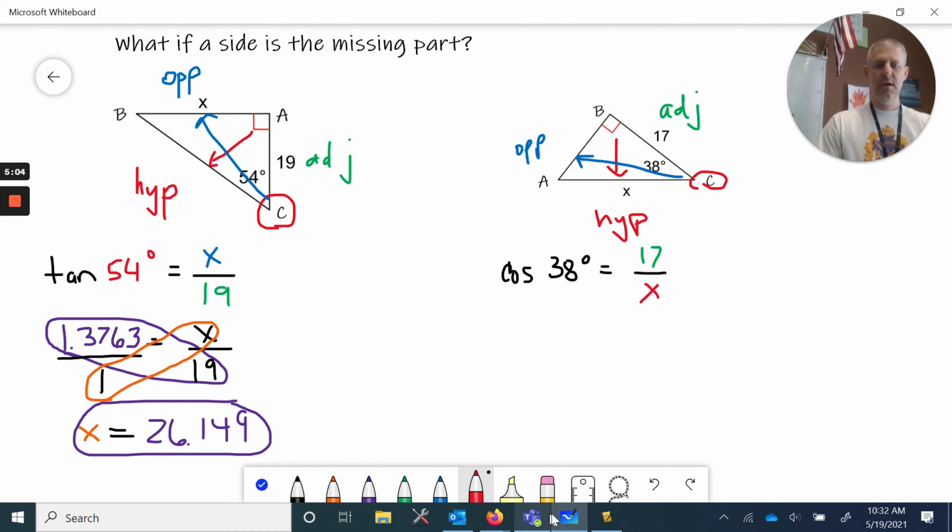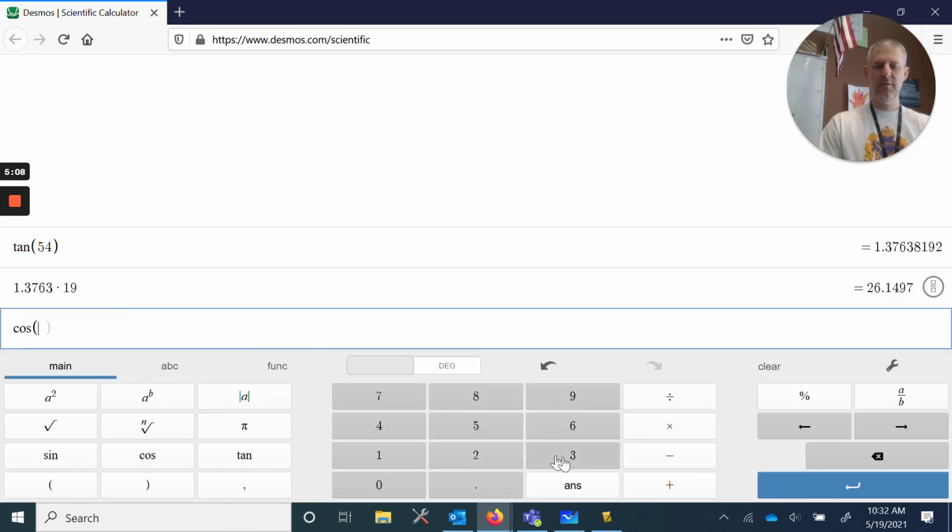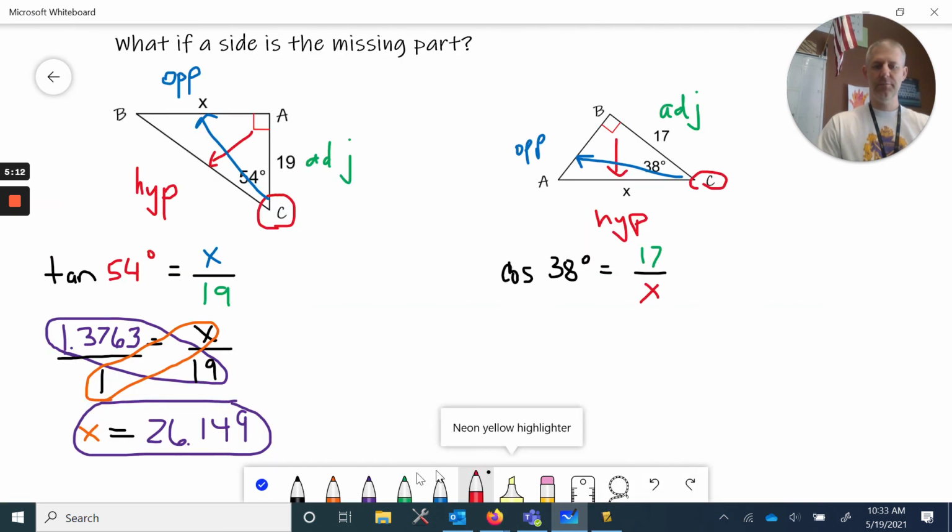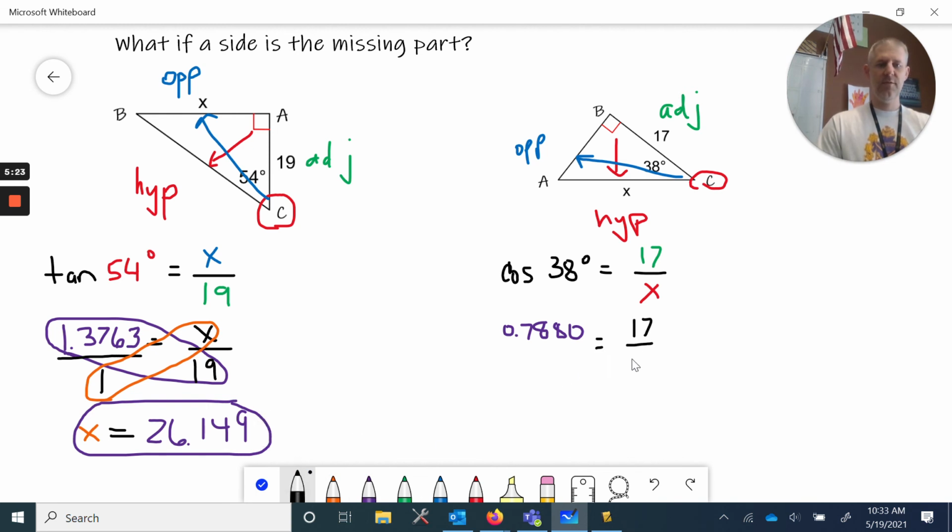Okay, so we'll type cosine 38 into the calculator. Cosine 38, and we get 0.7880, equals 17 over X. Again, make it into a proportion, two fractions equal, so that we can do cross products.